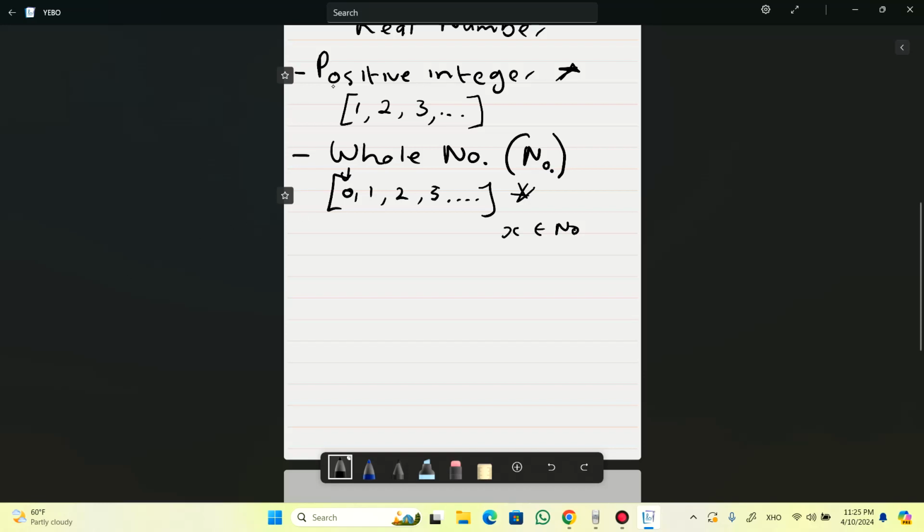Okay, so remember we talked about an integer. An integer is made up of numbers from the negatives, including the whole numbers, right? So if I say, from negative infinity, my bad, from negative infinity to positive infinity.